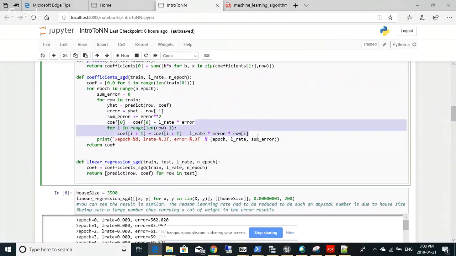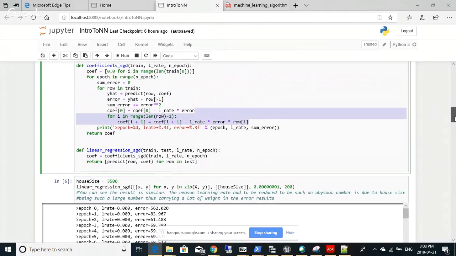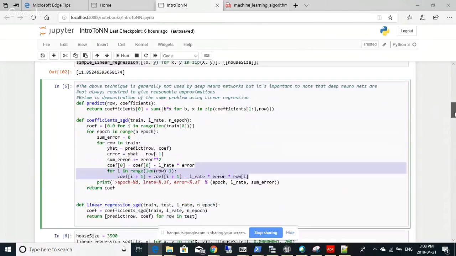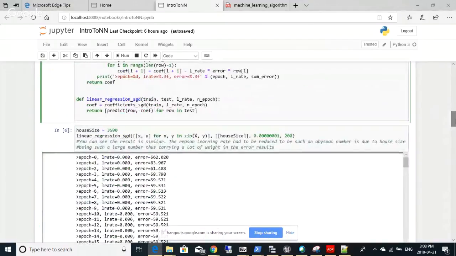These are being adjusted, and slowly but surely, based on the gradient, you're hoping it will arrive at the optimal weight. Something to know is that this learning rate is very small.